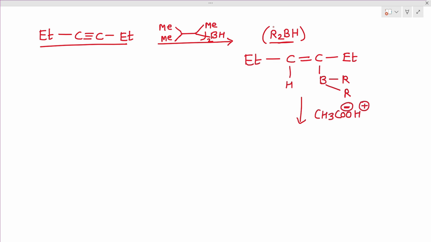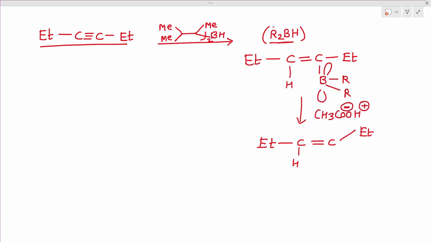Okay, now what will happen? This boron has a vacant p orbital. Okay, this has a vacant p orbital. It means it is an electron deficient compound. It can take the electron density from the CH3COO group. Okay, so that we are getting a product like this.